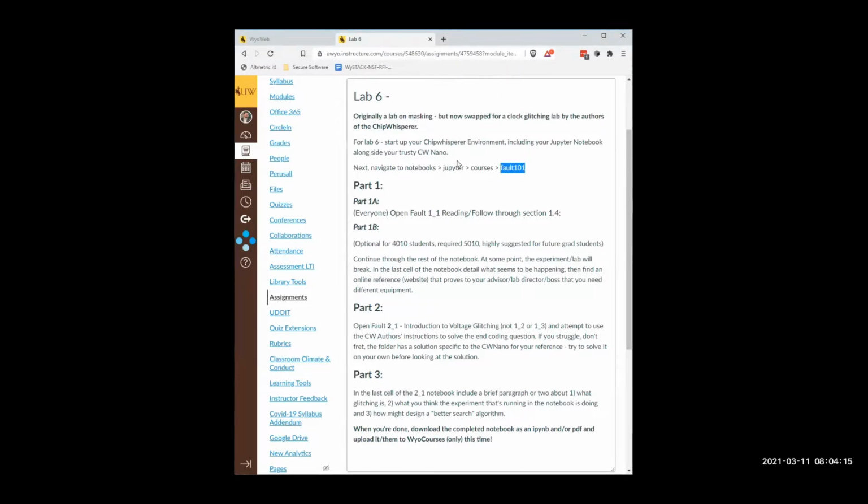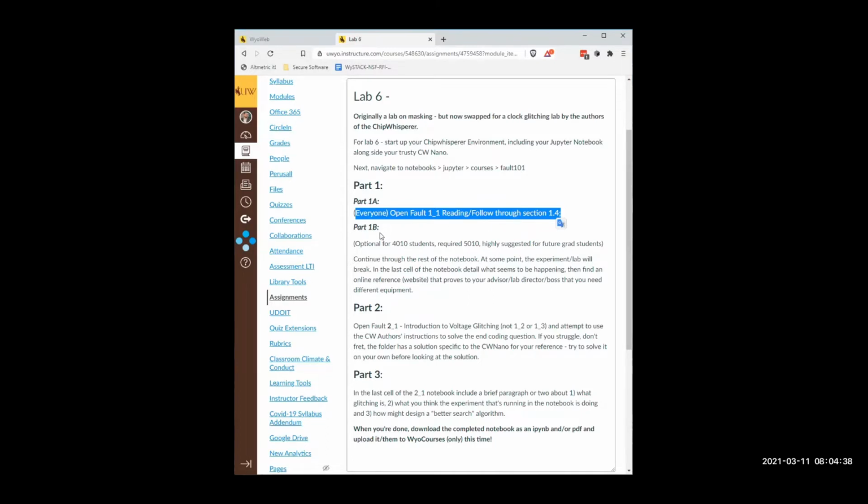And we're going to be doing 2 notebooks. All right. We're going to be looking at fault 1_1, so the first notebook in the series. And everyone should work through section 1.4. It's actually mostly reading to understand what a glitch is. All right, so great pictures and things like that.